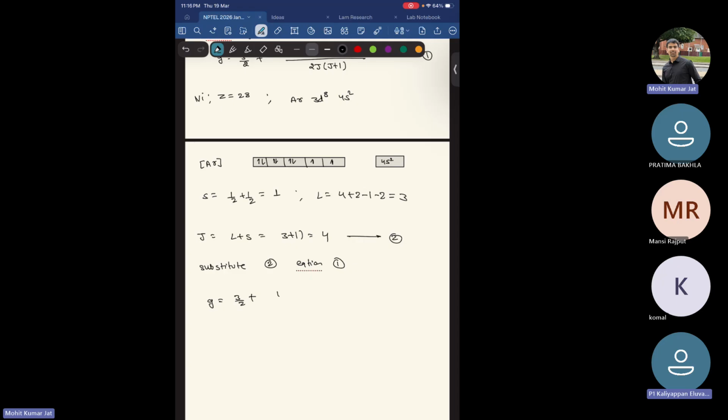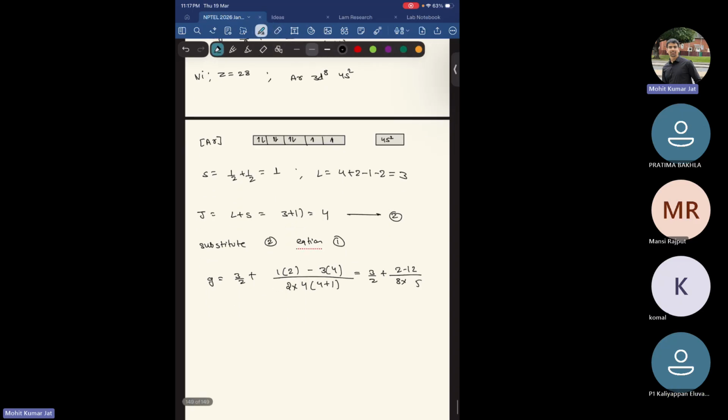S is 1, so 1 times 2 is 2, minus 3 times 4, divided by 2 times 4 times 5, which is 40.